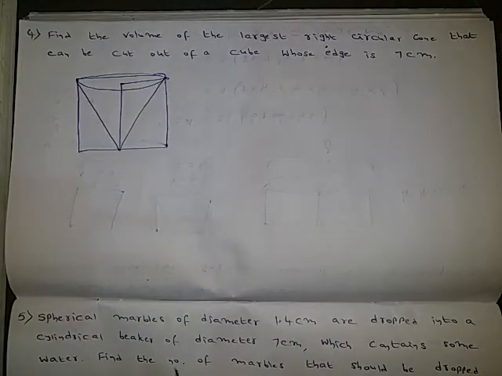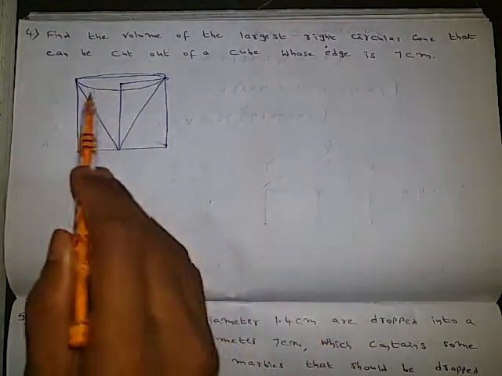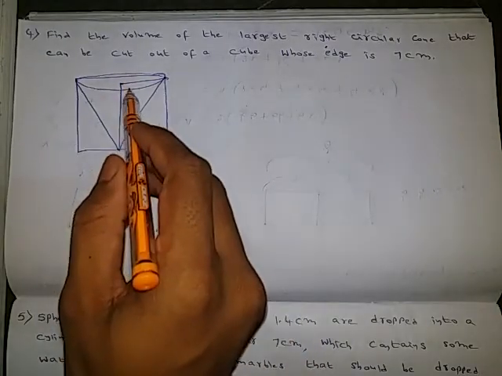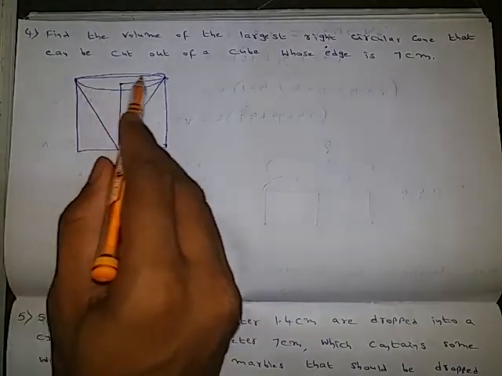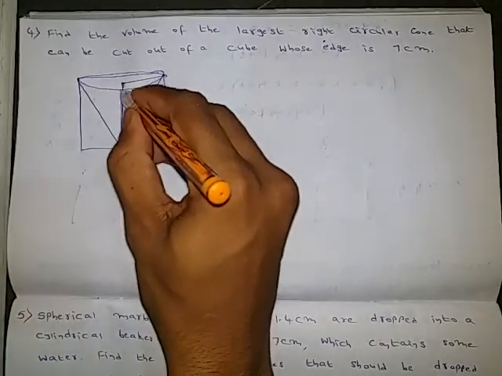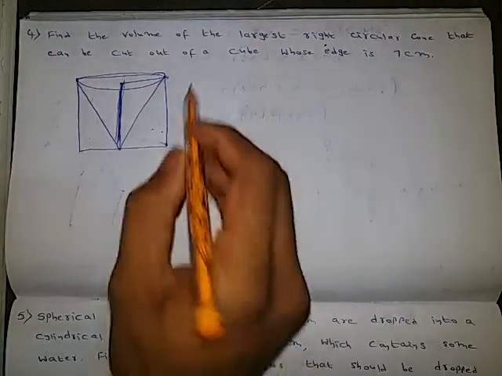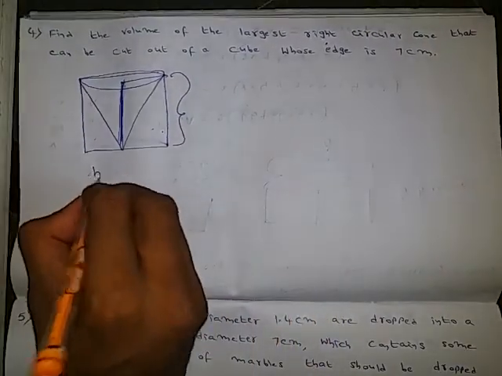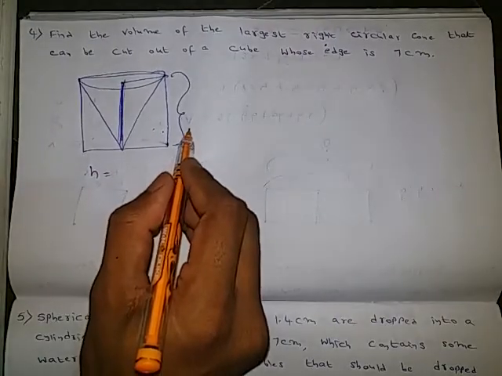Next, what is the volume of this cone? Here this cone is occupying the cube completely except some part. So if we find the height of this cone, it is exactly equal to the side of the cube. So height of the cone is equal to the side of the cube.